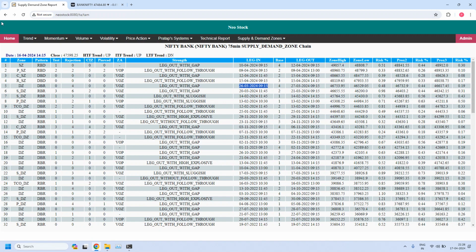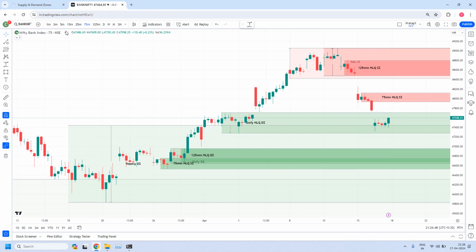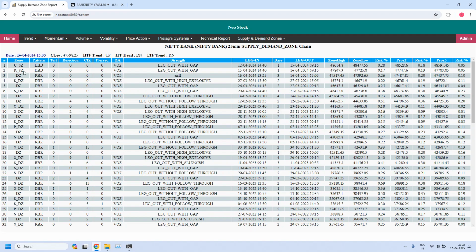Now let's move on to the next time frame, 25 minutes. Changing the time frame to 25 minutes. Let us check any high liquidity zones. We have a high liquidity supply zone at 15.4, 14.40.